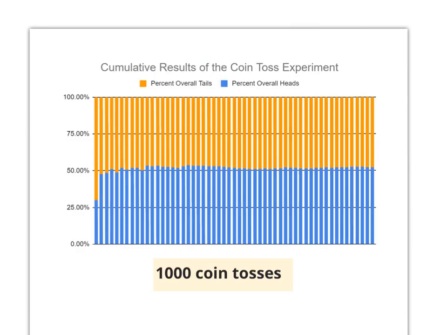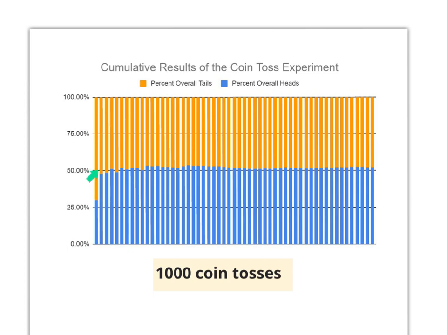All right, let's review the cumulative results of the coin toss experiment. What this means is that after each person tossed their coins and recorded their data, I added your coin tosses to whoever had come before you. So this first bar shows my results of 30% heads, 70% tails.